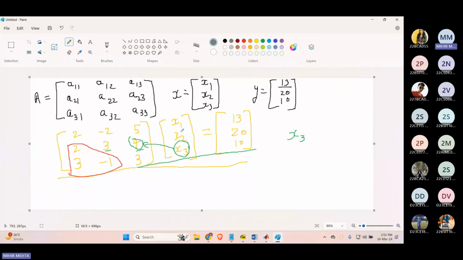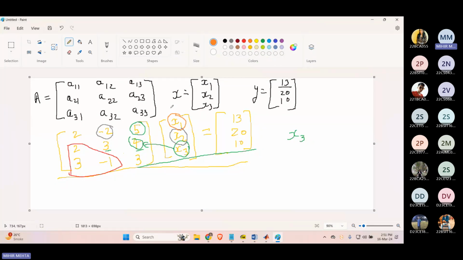Once I get the value of x2, I place the values of x2 and x3 in the first equation, and I finally get the value of my x1. So this is how we calculate for the Gauss elimination method.